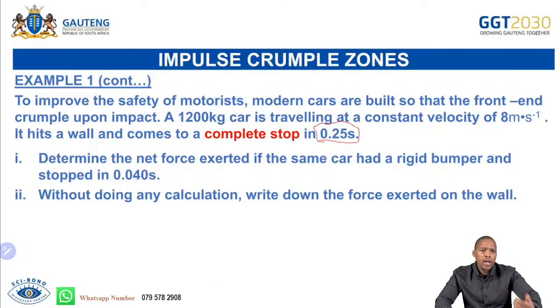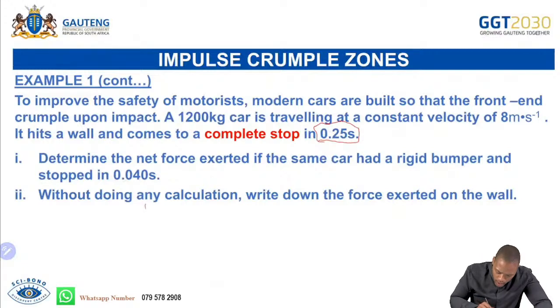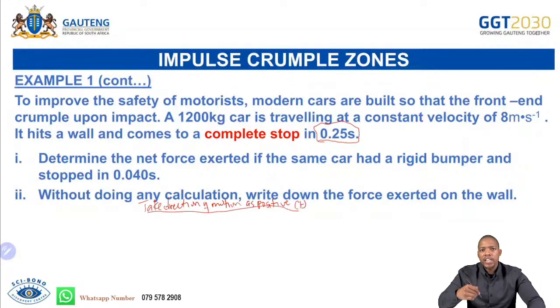So already before we do the calculation, we should have an expectation. Again, we are going to take the direction of motion as positive. You cannot do a calculation that involves momentum without indicating direction and underlining. You must always indicate direction and underline.